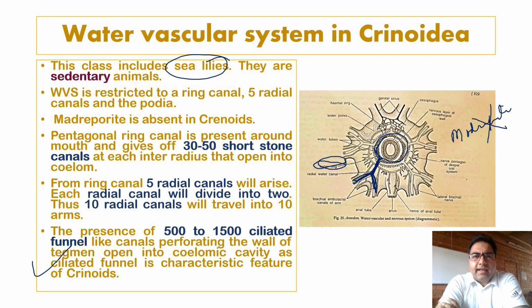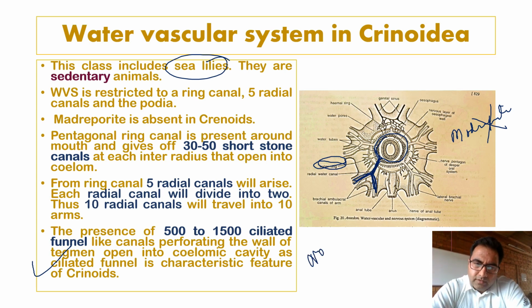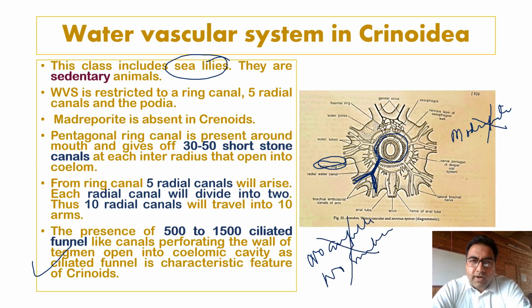So from the radial canals, lateral canals will arise, and each lateral canal gives tube feet, and our tube feet do not show the ampulla and sucker. No ampulla, and no sucker. What does it mean?